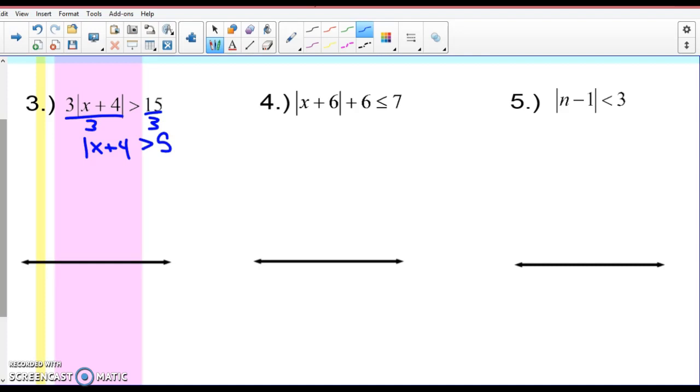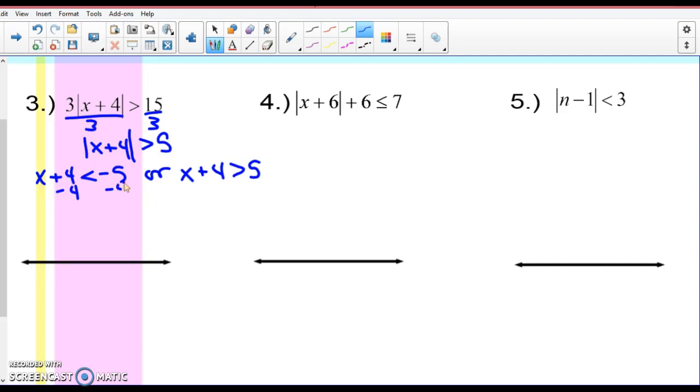Does greater than go out for or in for and? Out for or. Okay, so if it's going out for or, x plus 4 is going to be less than negative 5. That's going to give me my bottom half. Or x plus 4 is greater than 5. That's going to give me my top half. It is going to go out.